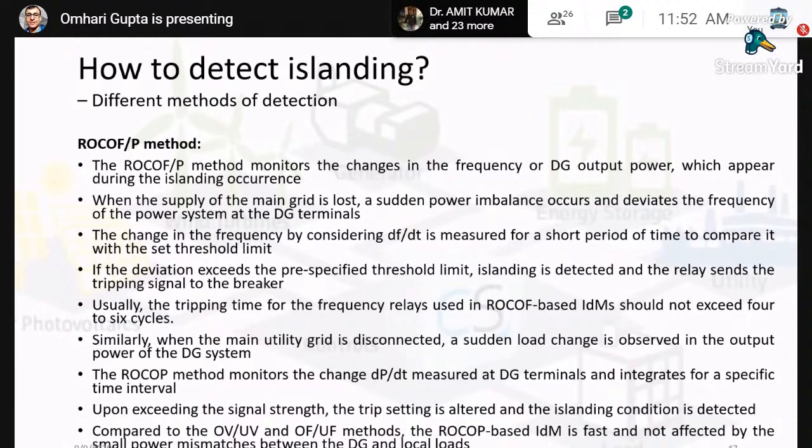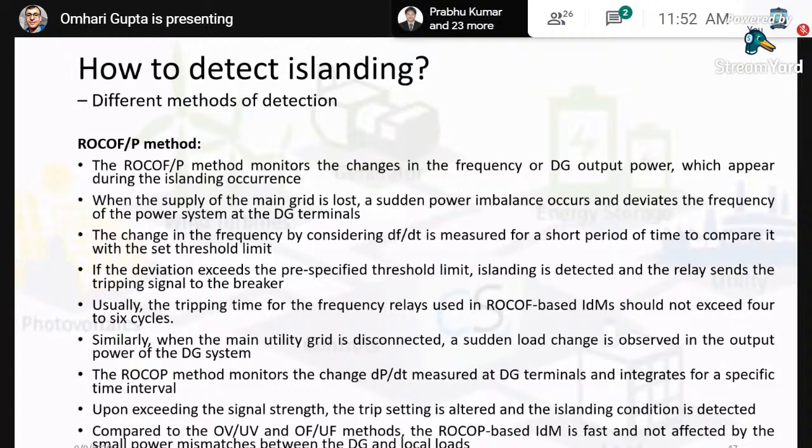Usually, the tripping time for the frequency relays used in rate of change of frequency based methods should not exceed 4 to 6 cycles. Similarly, when the main utility grid is disconnected, a sudden load change is observed in the output power of the DG system. The rate of change of power method monitors the change dP by dt measured at DG terminals and integrates for a specific time interval.